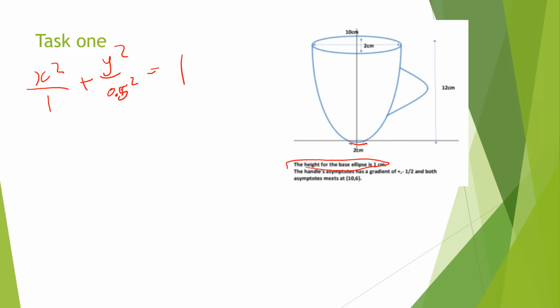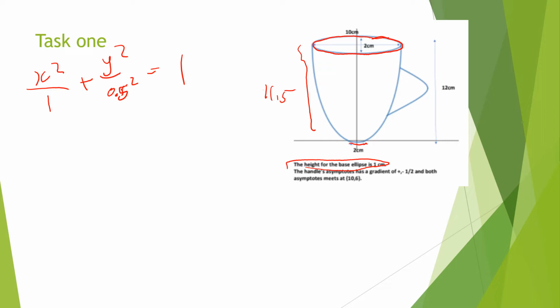Now we're going to do the top ellipse. The whole cup is 12 centimeters in height, taking away that 0.5 right at the bottom, so it's only 11.5 left. The center of the top ellipse is always right at the top of the cup, so the y value of the center is 11.5, and the x is 0 because we assume that the cup is symmetrical and we've got the axis right in the middle.